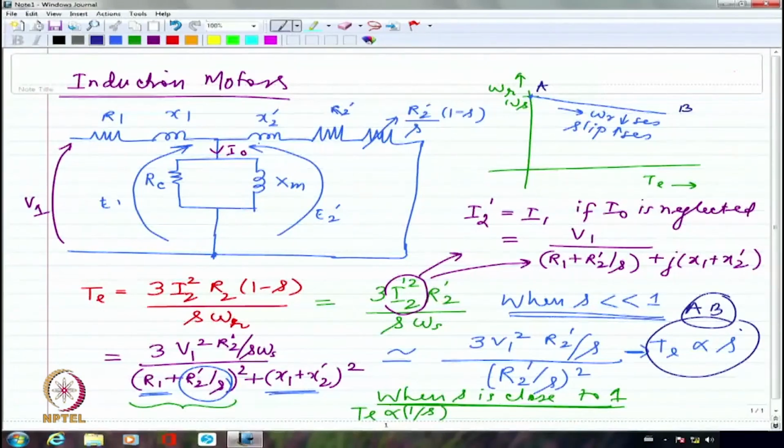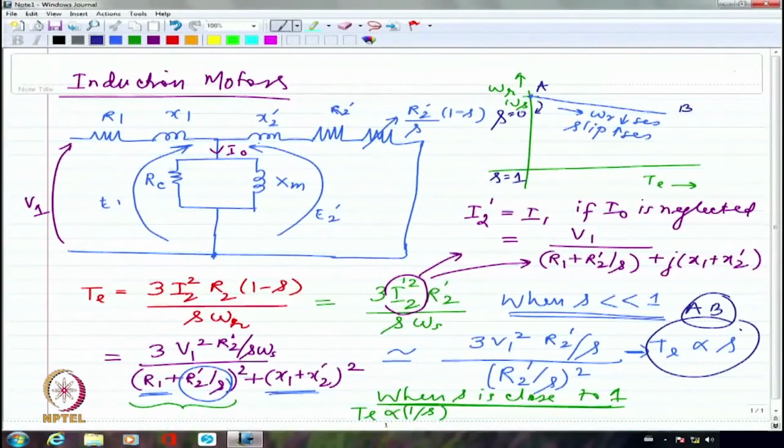Whereas the other region, which is TE proportional to 1 by S, corresponds to this region where this point is S equal to 1 and this point is S equal to 0. That is where the slip is 0.